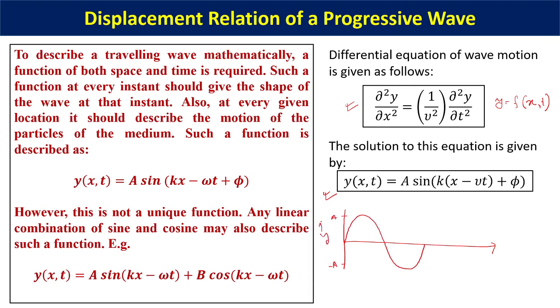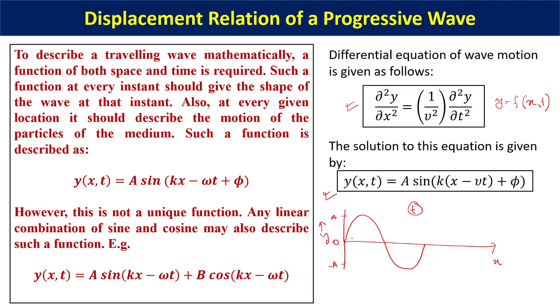In this direction we have y, so this is the y equal to 0 position, and this is x, and this whole pattern is for some particular instant of time t. As time increases or decreases, this wave will shift to the right or left. That's a different issue.